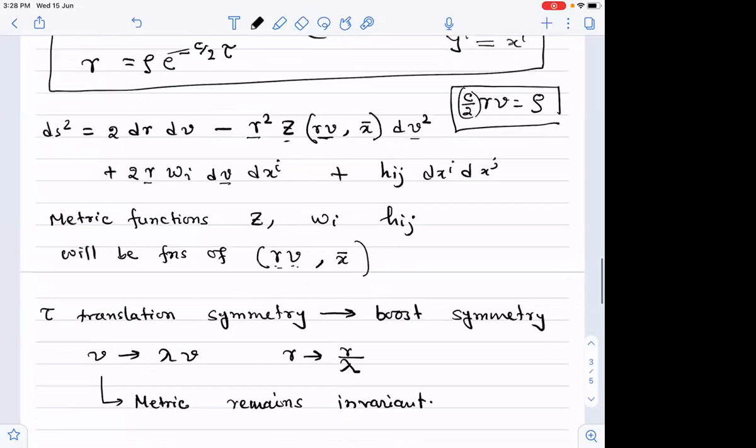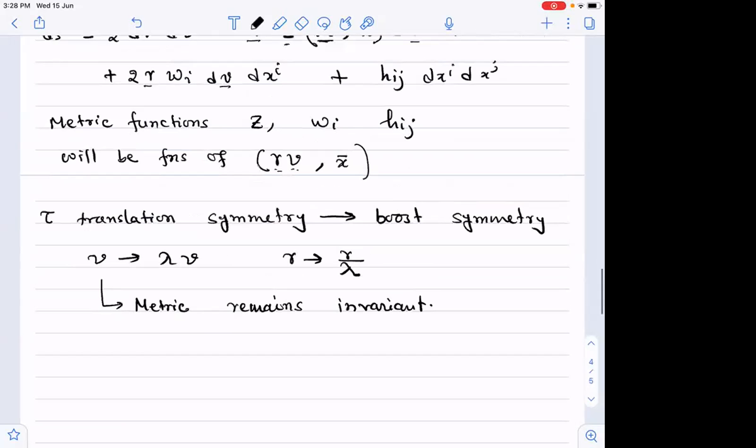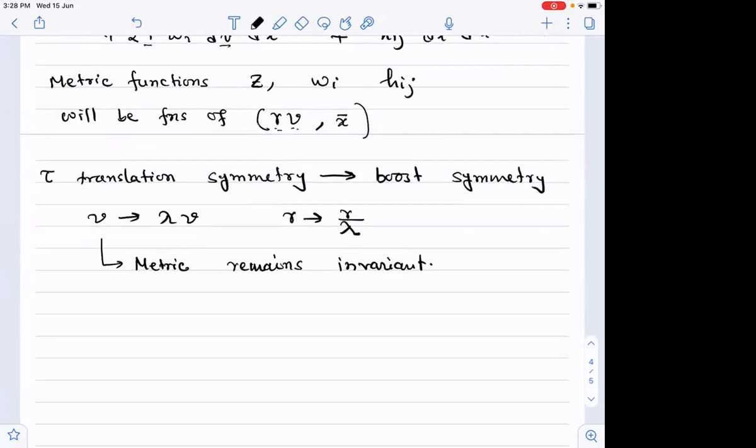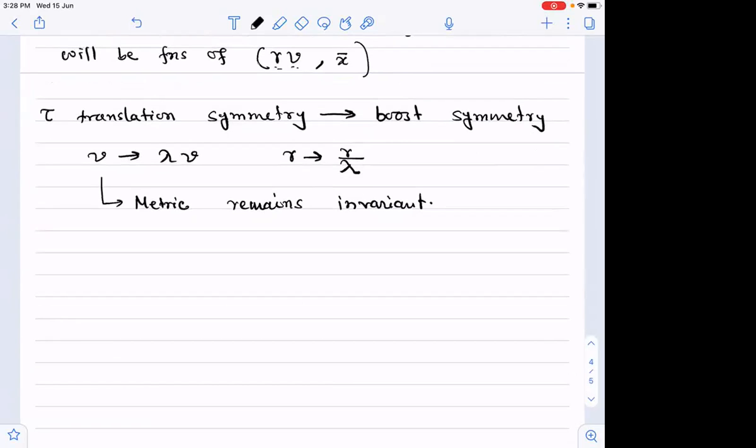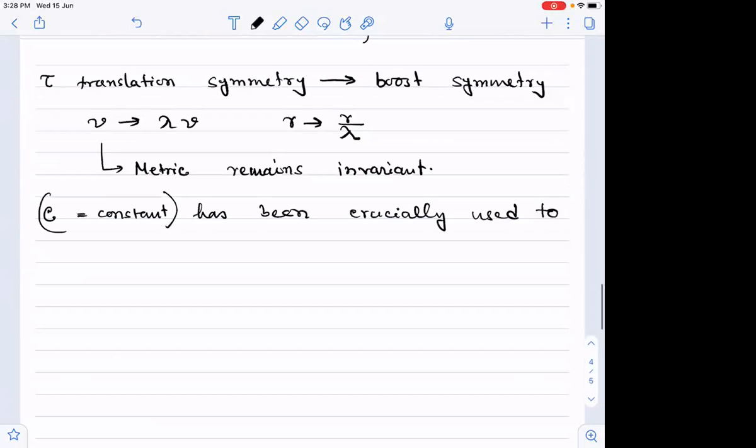So C equal to constant has been crucially used in these proofs, in this coordinate transformation, to cast the metric in such a simple form.